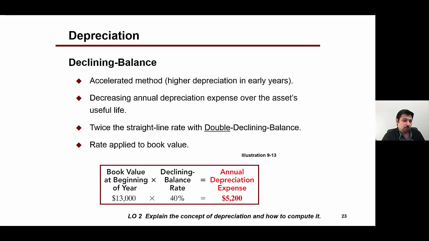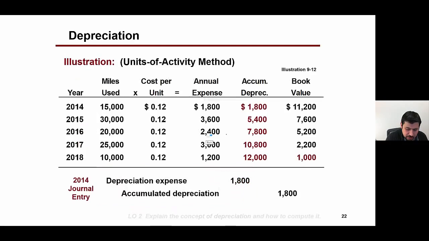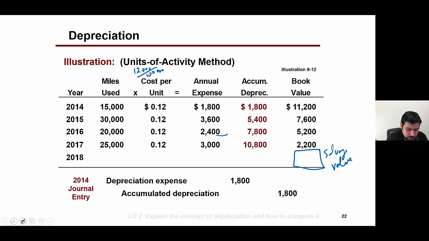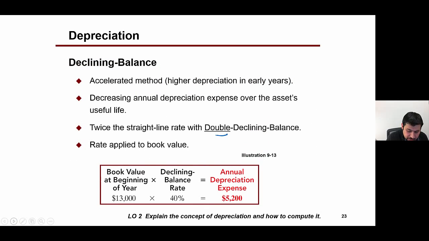One of the popular declining balance methods is called the double declining balance. The reason we call it double is that it's double the straight line rate. Here, let's say that the useful lifetime of the truck was 5 years.